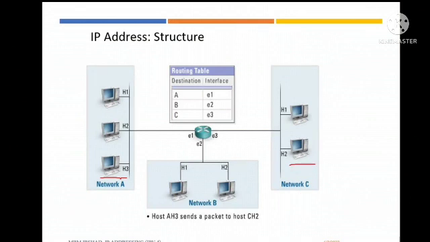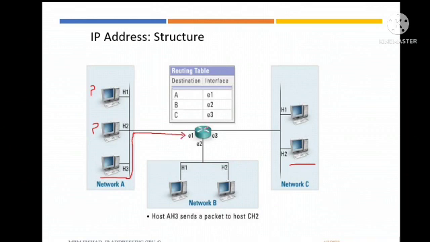So the packet should travel from here to here, then it will go here. Then the gateway will check whether these packets are for these hosts. If not, the packet will be forwarded to here.